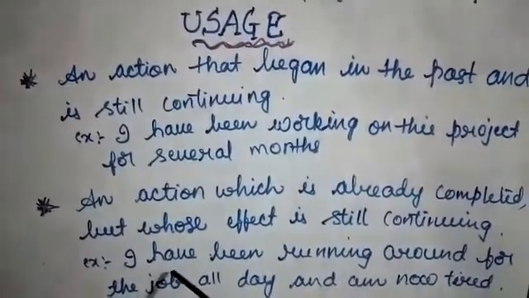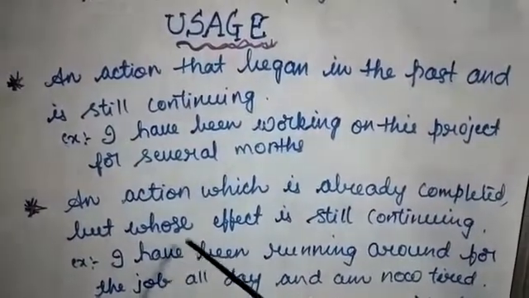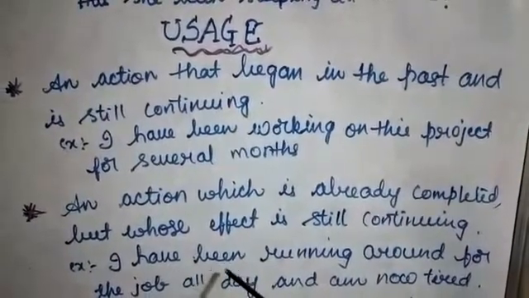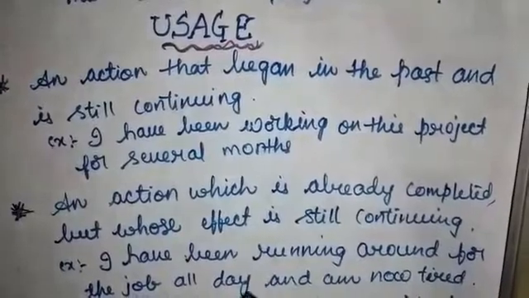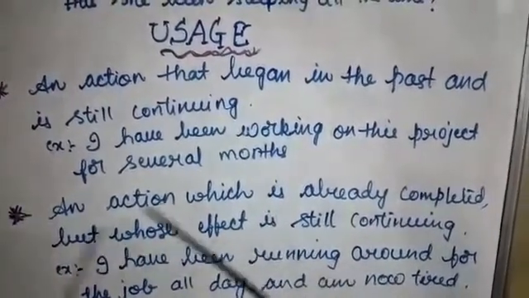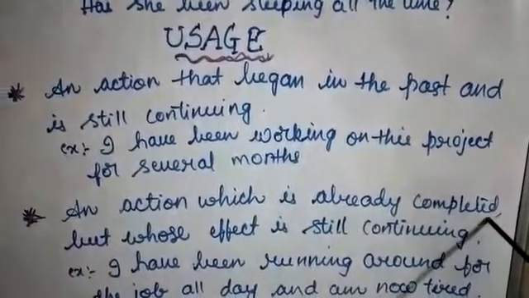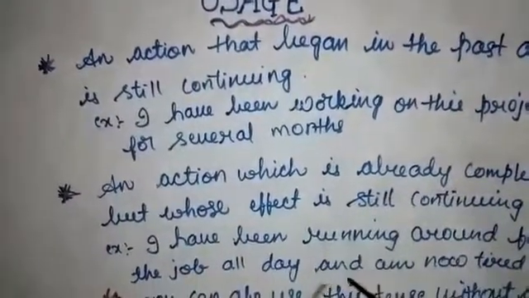So, it has been completed or done in the past, isn't it? So, we can say that I ran around for the job all day and am now tired. But it is wrong, because according to the rule, an action which is already completed but whose effect is still continuing. What is the effect here?